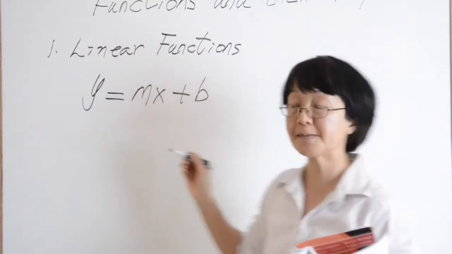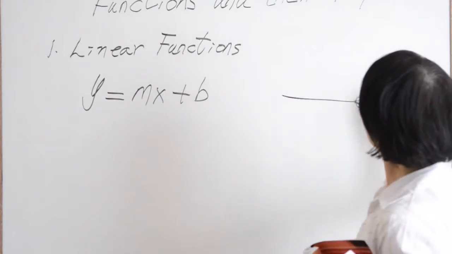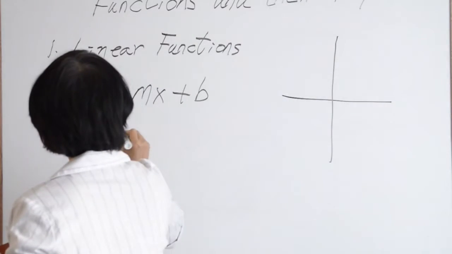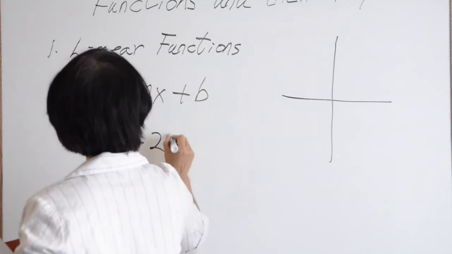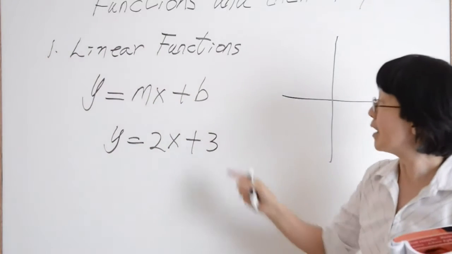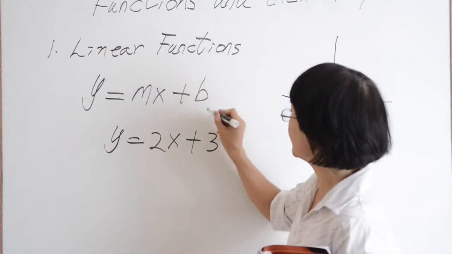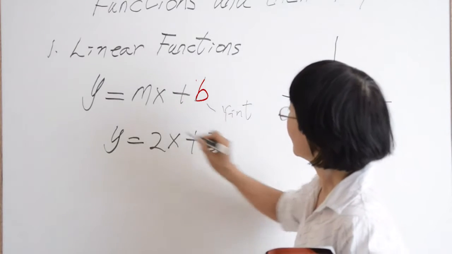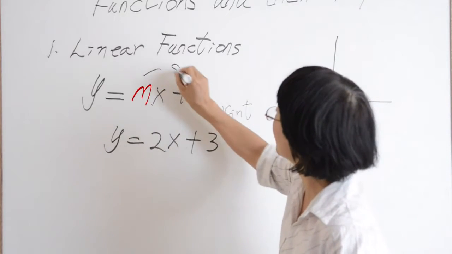So I'll give you an example: y = 2x + 3. Let's talk about the y-intercept first. This is the y-intercept, and m is the slope.